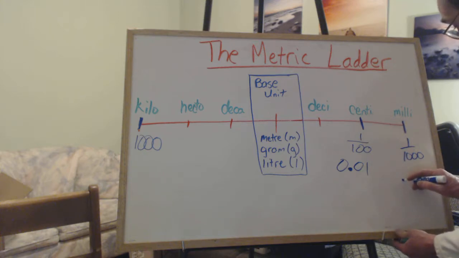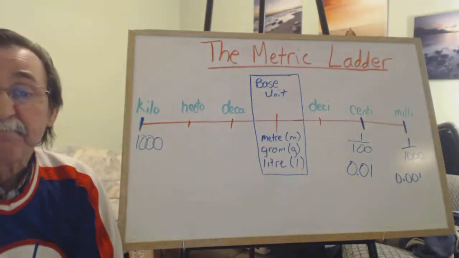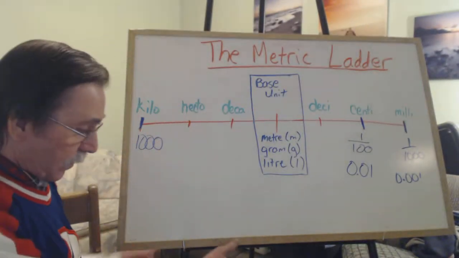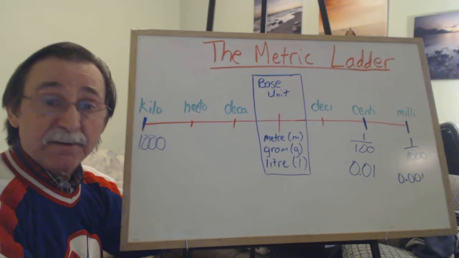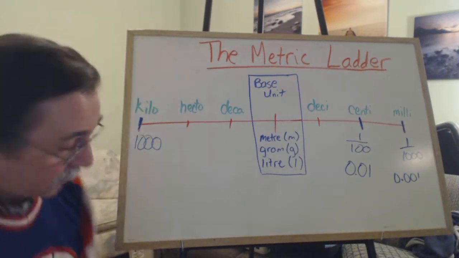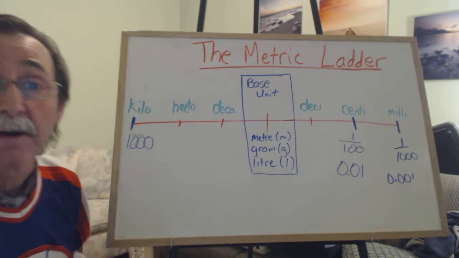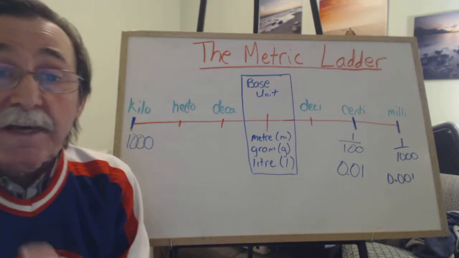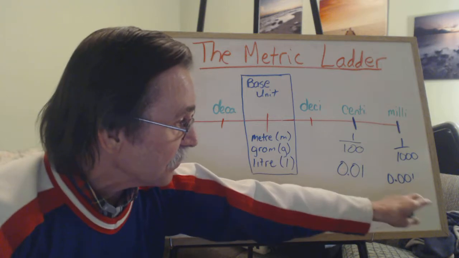And as a decimal, it's 0.001. I'm going to take this off and write it nicer. Okay, so there's some special values.